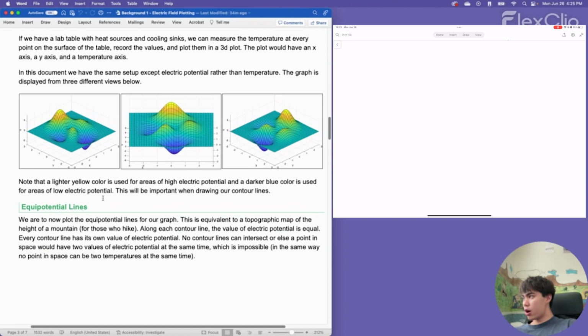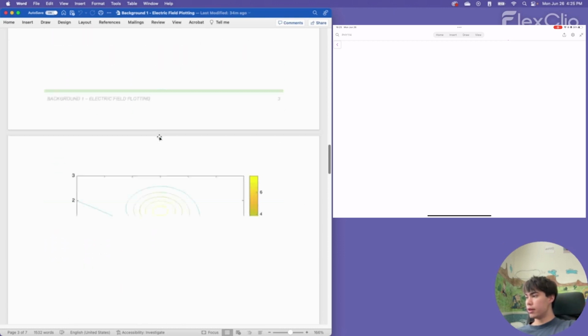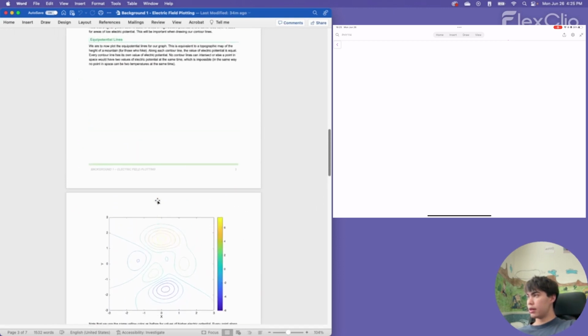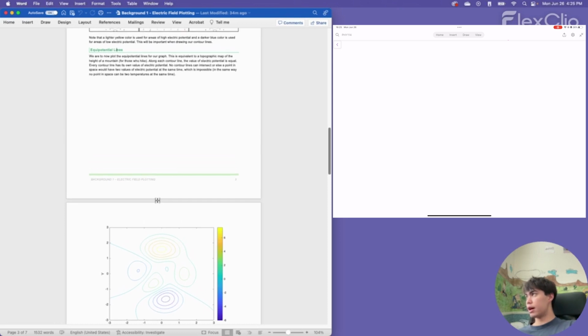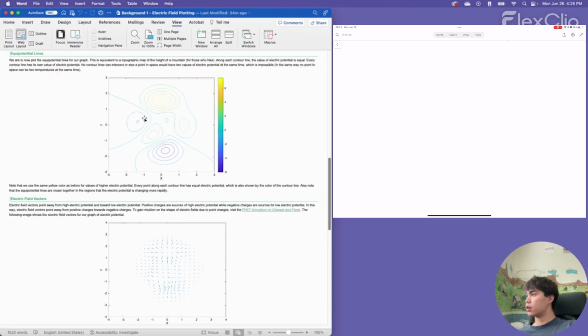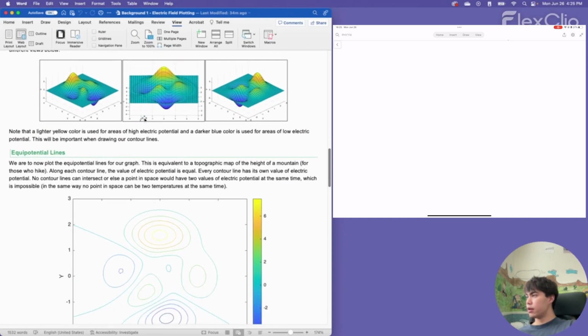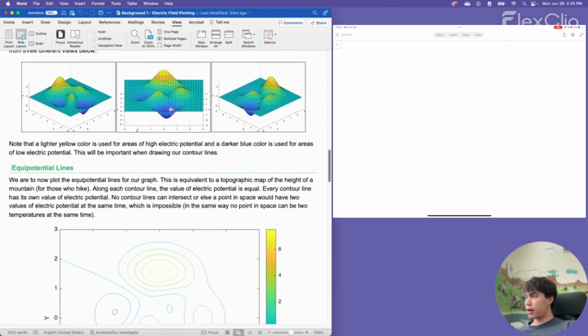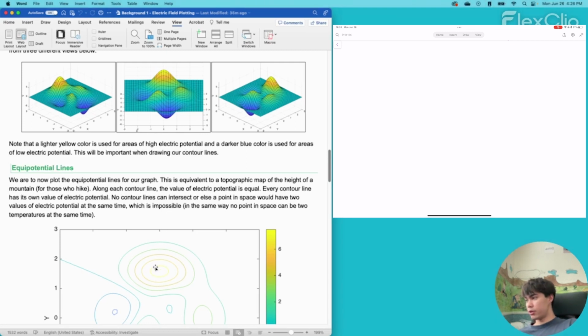Okay? If we wanted to draw equipotential lines on our electric potential, it would look like this. Here we can see if we were to draw a circle of the same height on this graph, we would end up with that yellow circle. So all these are lines along the same height of voltage.